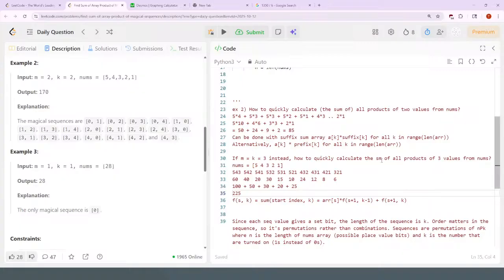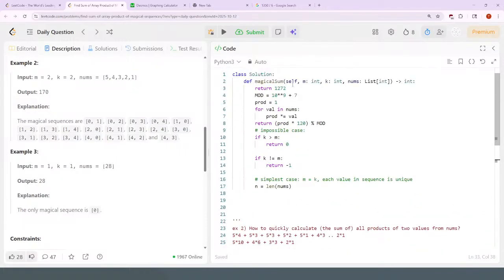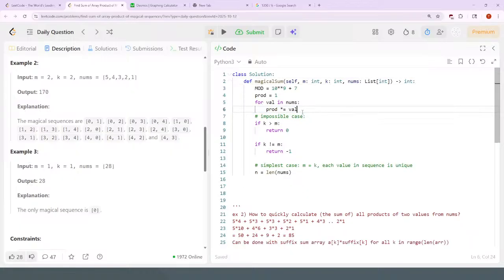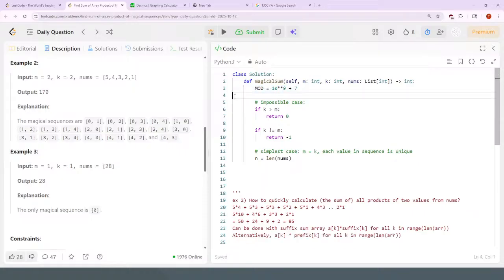Okay, so I think I can probably do that case. Okay, so it's going to be, don't need to calculate that.